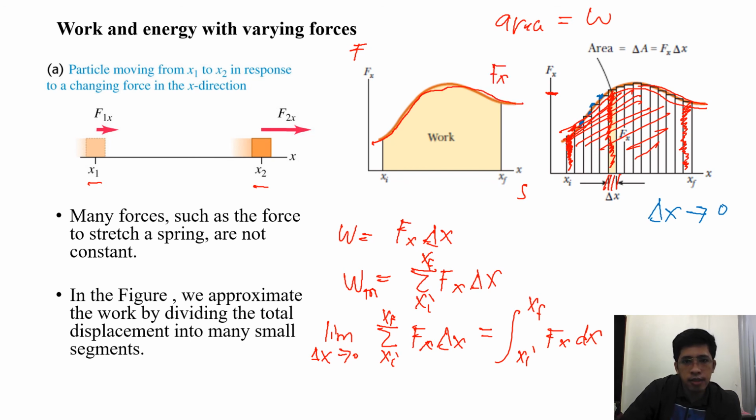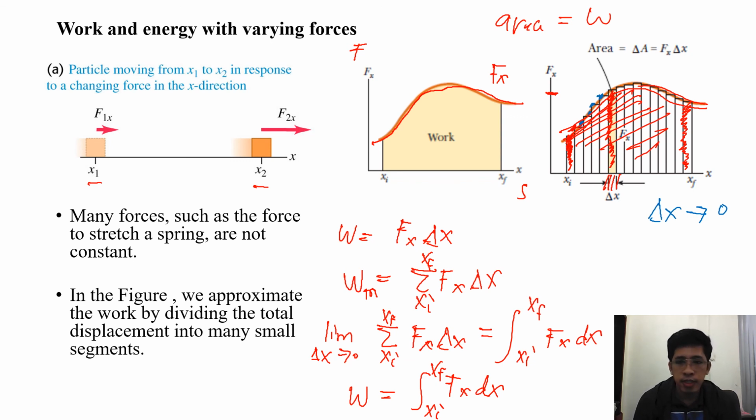Let's just integrate that function Fx dx from xi to xf, and then you have your work done, because you now have your area under the curve. So your work done is equal to the integral of Fx dx evaluated from xi to xf.